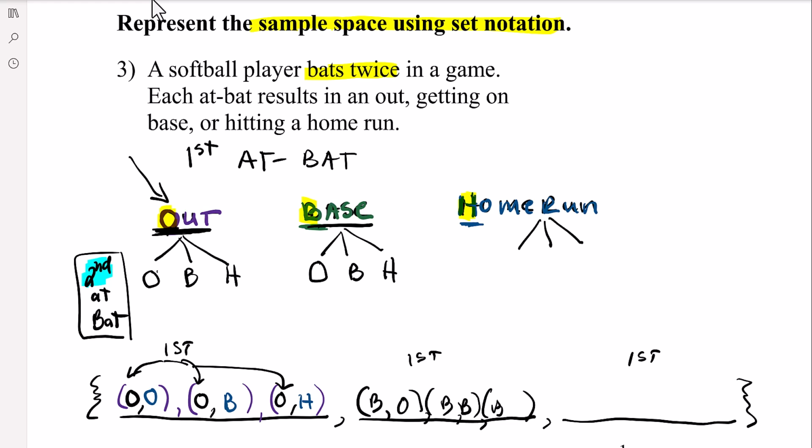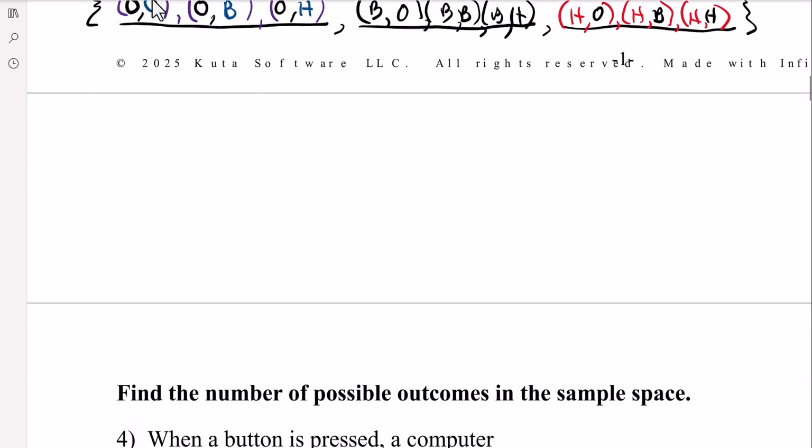Now, what happens if the first time you're at bat, you got a home run? When you go up the second time, you could get an out, a base hit, or a home run. It's still the exact same options. That's how you'd fill out a sample space, but visually it makes it a little bit easier to do. When I was not doing it visually, I started to mess that up. It's very easy to mess that up.